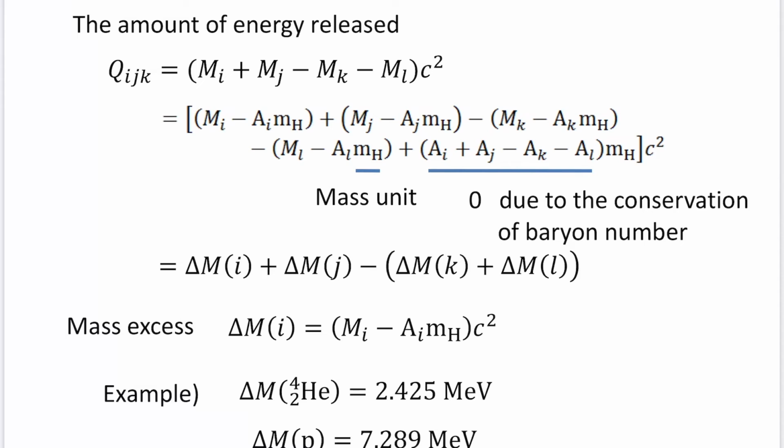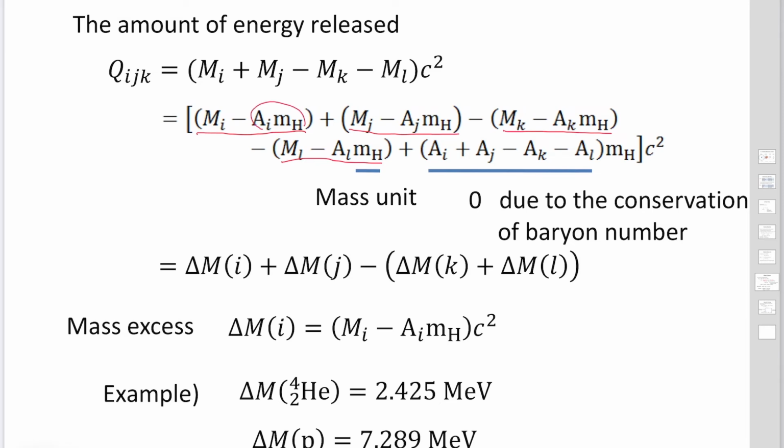So if you write down the equation for the Q sub ij case, each term is M sub i minus A sub i M sub h, M sub j minus A sub j M sub h, minus (M sub k minus A sub k M sub h), (M sub l minus A sub l M sub h).